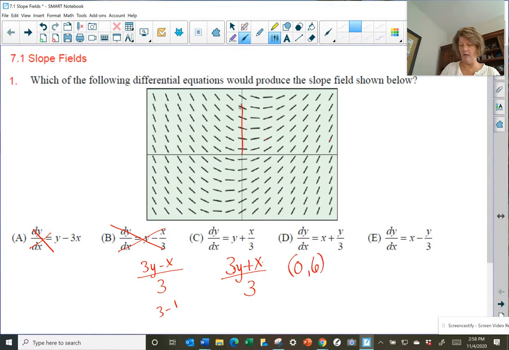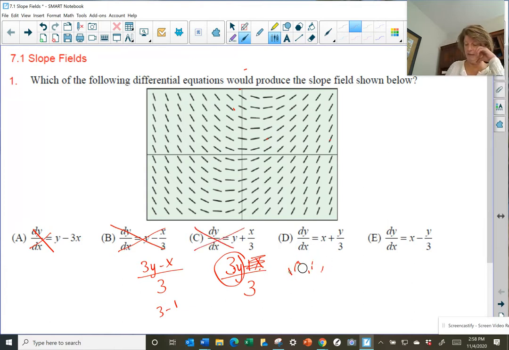As I'm moving up the y-axis, will I get some negatives? Because I see this negative coming in. If I'm on the y-axis, that removes the x variable, so it's solely based on y, and y's are going to be positive as I move upward. So there's no chance I'm getting that negative slope that's showing. For that reason, I'm eliminating C as my option.